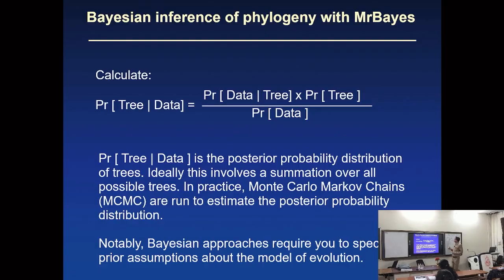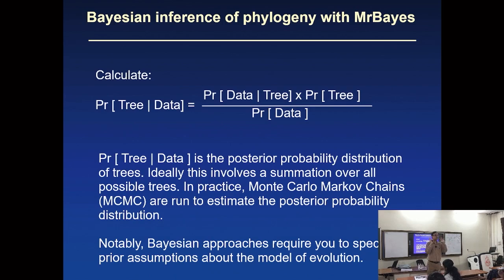Same thing here. So x here is the tree, and y is the data. Now you can fill this in. Basically this method is computing the posterior probability of the tree given the data. Data is evidence.